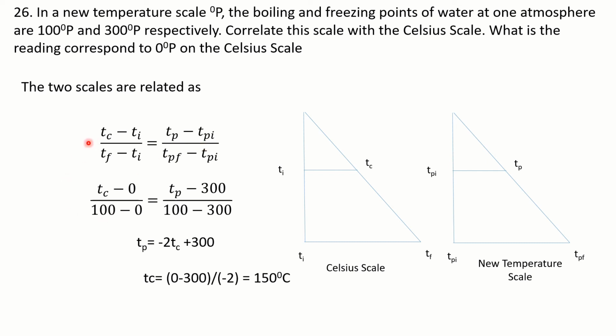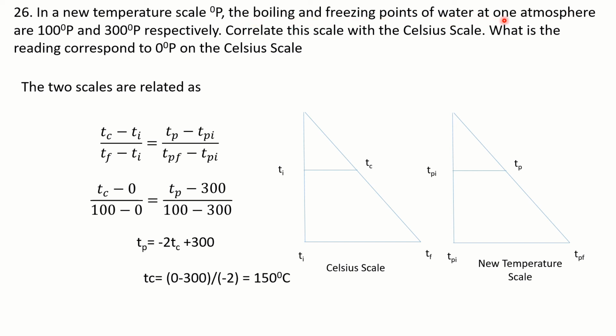Here I am using the linear relationship, that is, similar triangle principles. TC minus 0 over 100 minus 0 is also equal to TP minus 300, corresponding to the initial, over the final, which is 100 minus 300. These equations I have used.